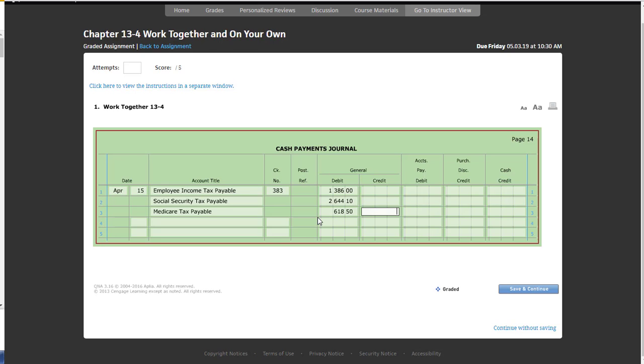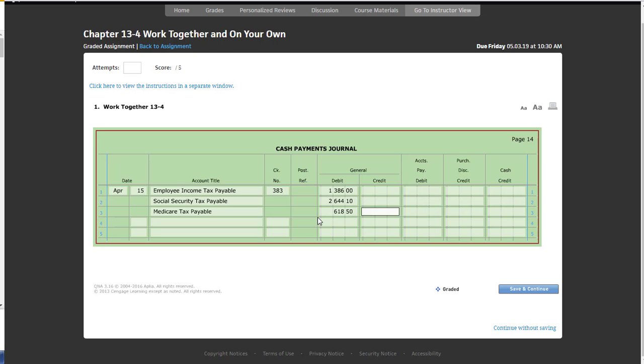The main thing that I want you to remember for making this payment is it says on page 383, if you are a monthly scheduled depositor, deposit taxes for the month by the 15th of the following month. So if you ever see if you're a monthly scheduled depositor, it needs to be by the 15th. Okay?